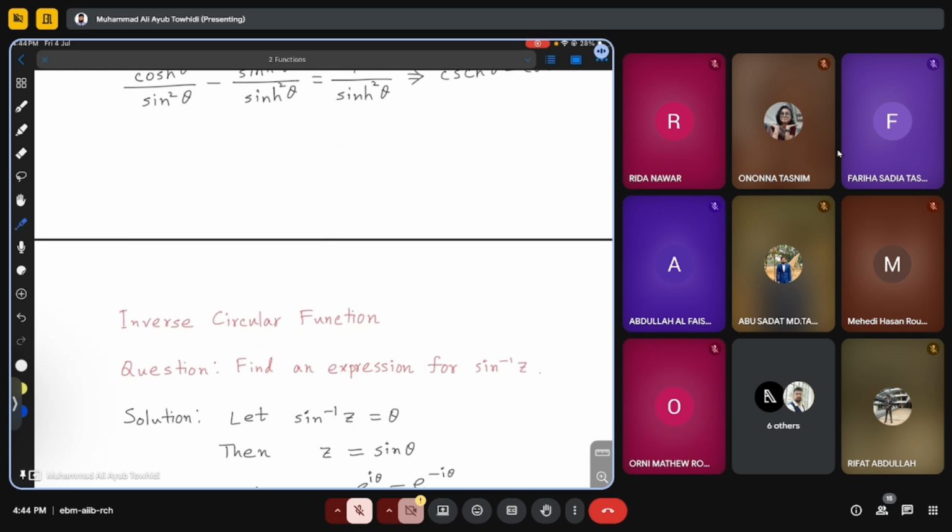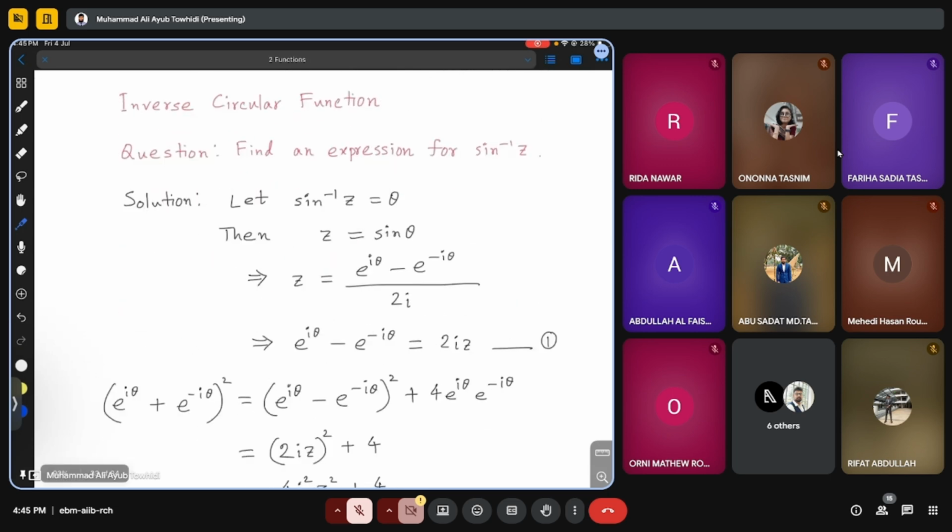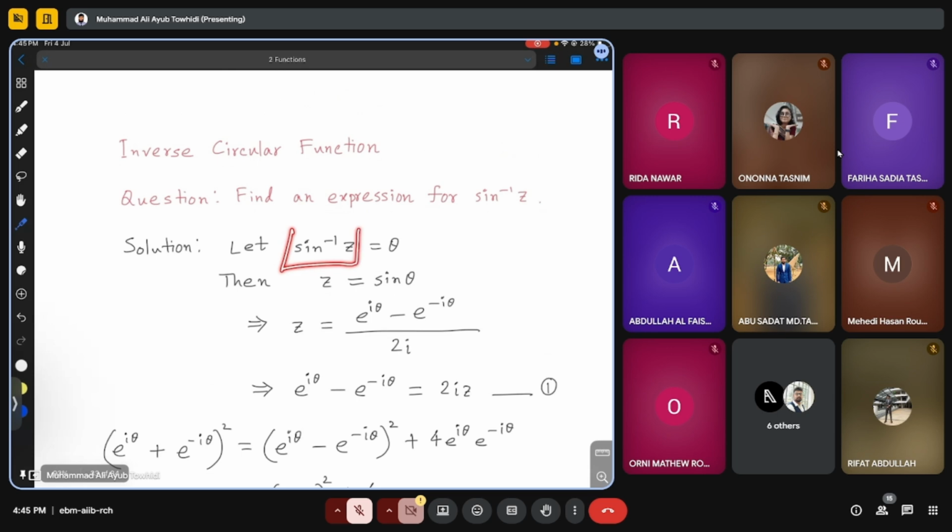How can we solve that? Okay, so if sine inverse z is given in the question, for simplicity, we take it equal to theta.